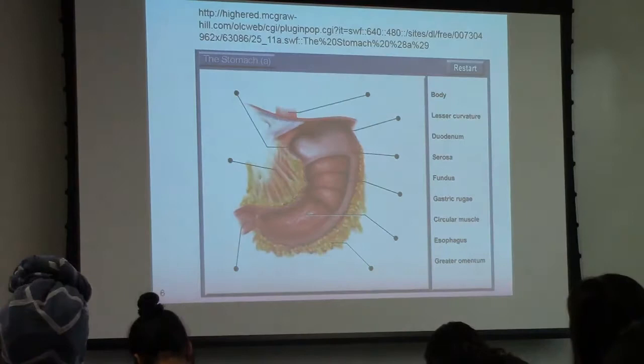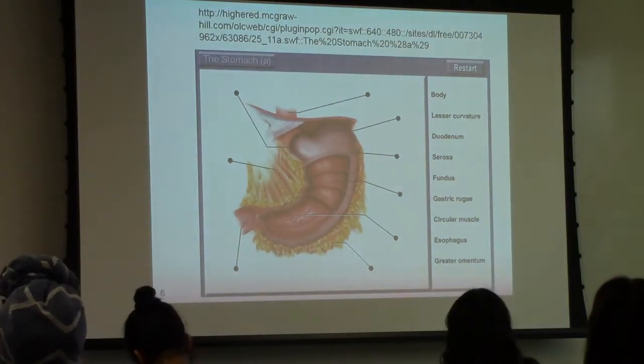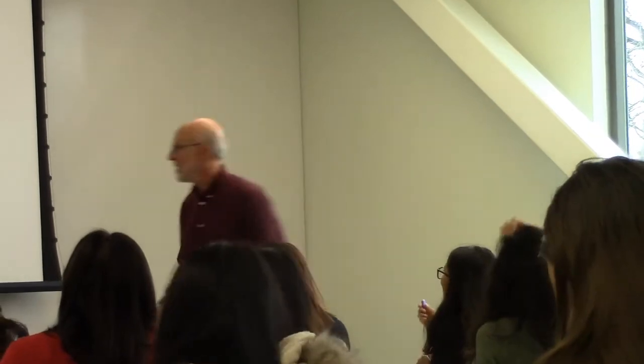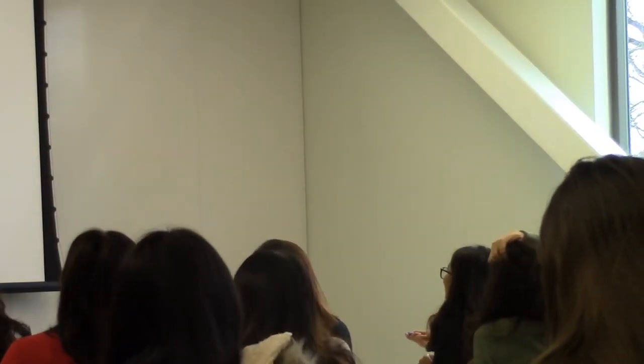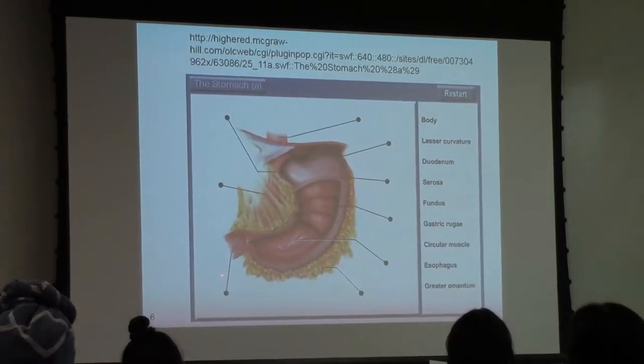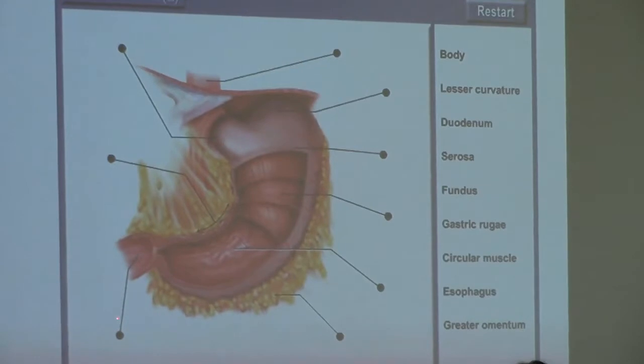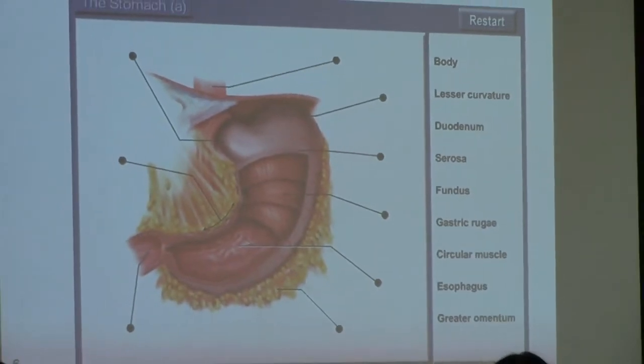Let's just start. Pick a dot and give me a name, and we'll let the Bing tell us whether it's right. Okay, that's the duodenum.